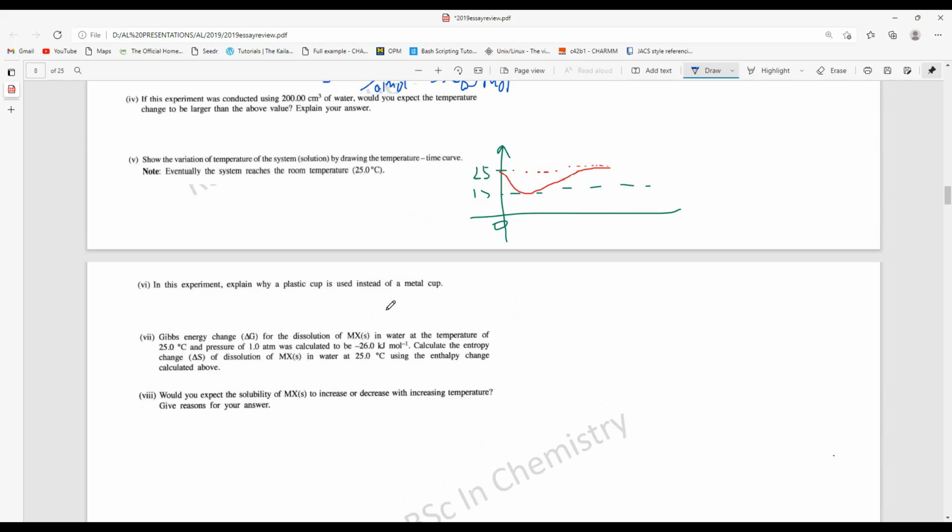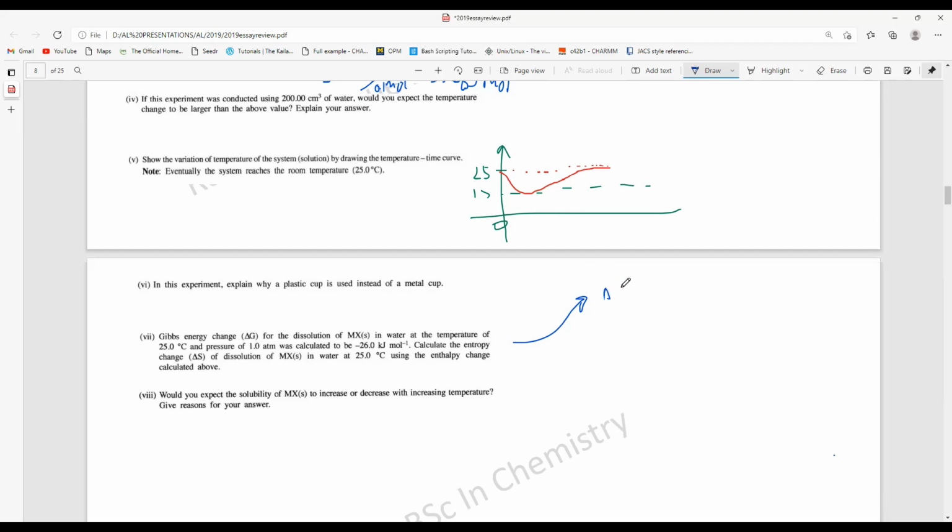That's the reason, right? The Gibbs energy change delta G for the dissolution, given at 25 degrees and 1 atm, is minus 26, and you need to calculate the entropy change. Remember here one important thing that you need to understand, where students make mistakes.